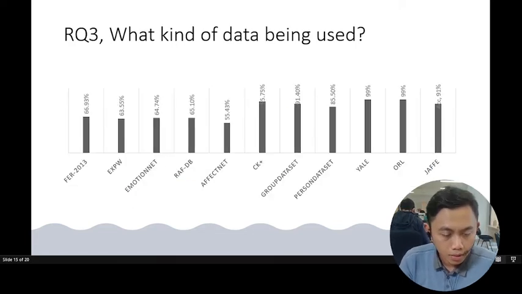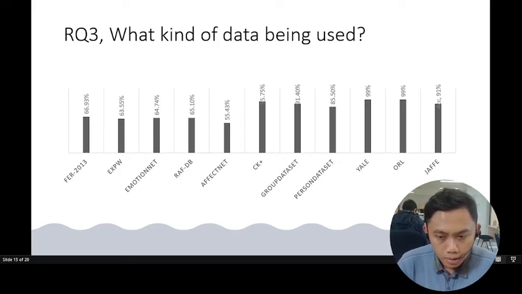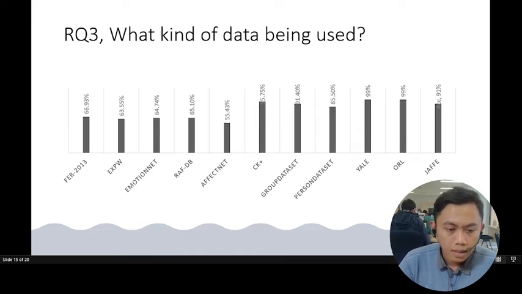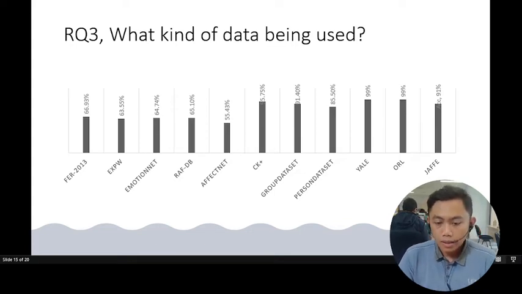And then research question 3: what kind of data is being used? Those researchers are using many various datasets, and we must know what data is being used by them, and what data produces better accuracy. Here we know that there is a dataset called YALE.